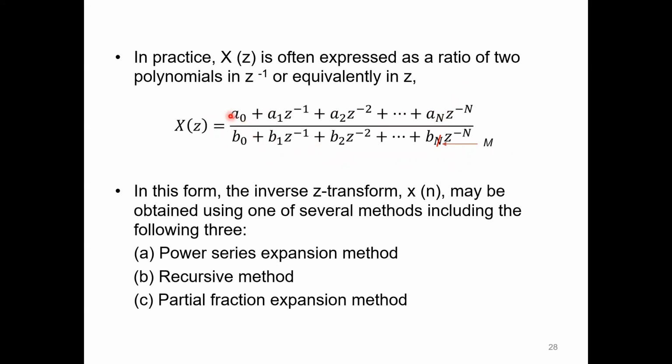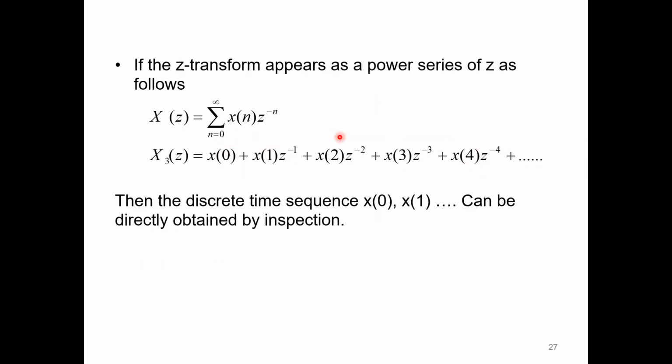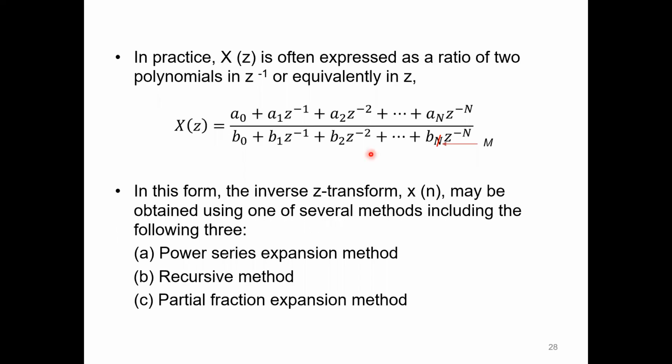Actually, two polynomials, numerator and denominator. This is what you very often get after your process in the Z world. So now the problem is, how do we get a rational polynomial converted into a single polynomial like this? If you can do that, then again, you can read the numbers from this polynomial.